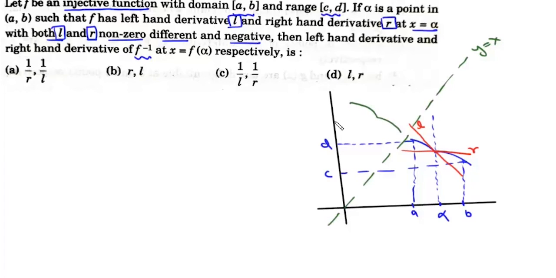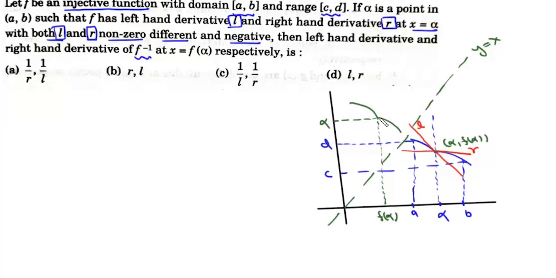So we have this point now. This is alpha and this is f alpha, because this point was alpha and f alpha, and for the inverse function x and y interchange.